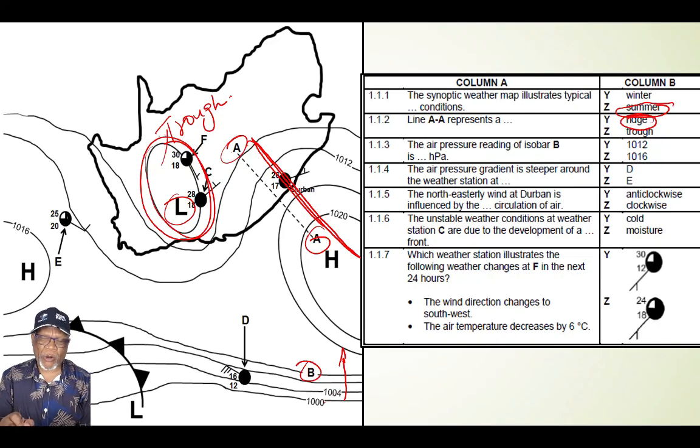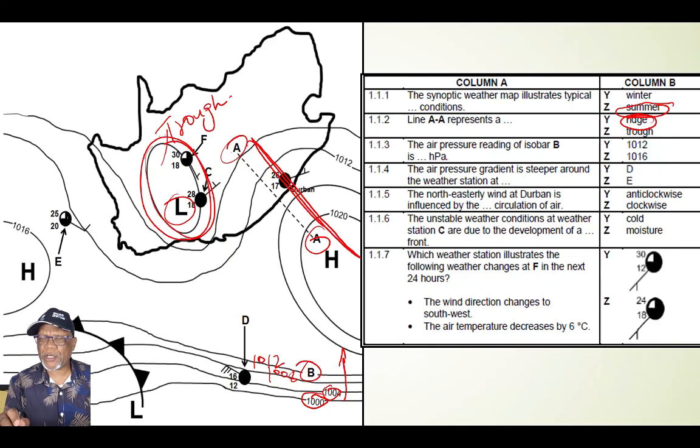So our isobaric interval here is 4. So here we have 1000. Here we have 1004. Which means the next one will be 1008, and this one will be 1012, because we are looking at the isobaric interval of 4 millibars or 4 hectopascals.